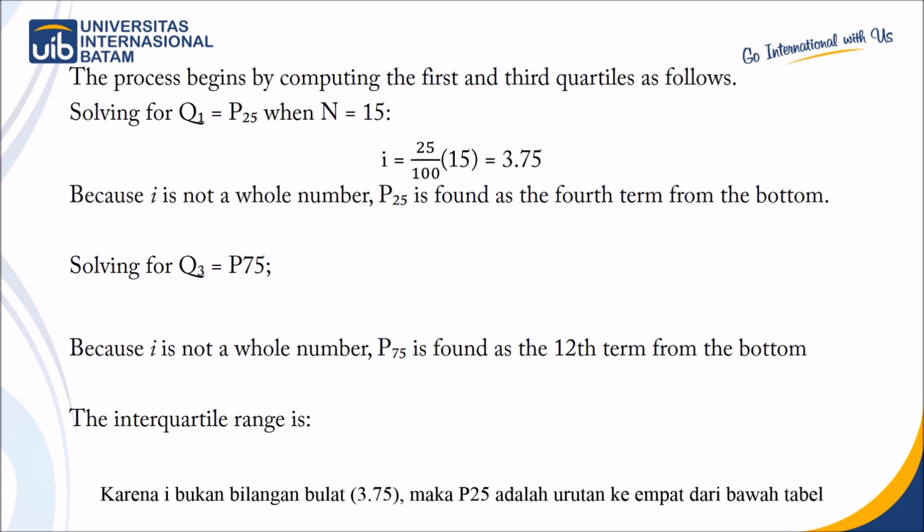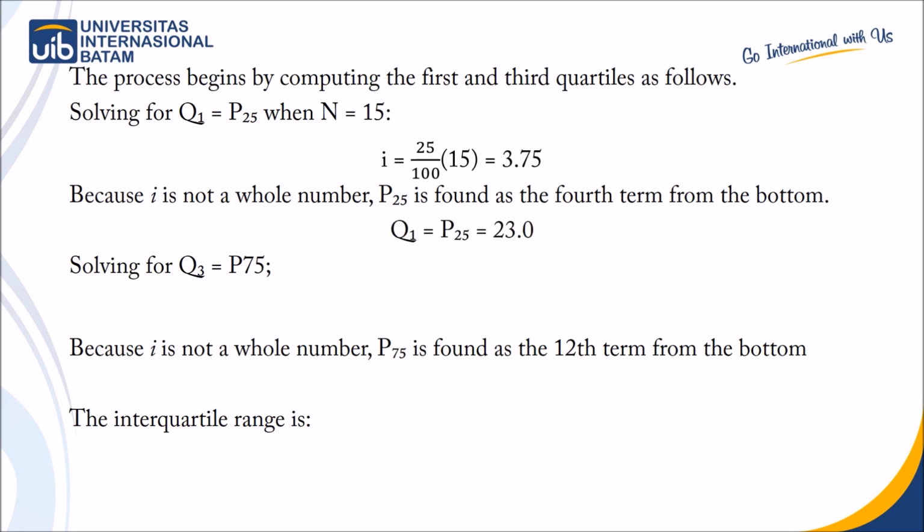Because i is not a whole number, P25 is found as the fourth term from the bottom. Q1 equals P25 is 23. So the first quartile is 23. Solving for Q3 equals P75. i equals 75 per 100 times 15 equals 11.25.